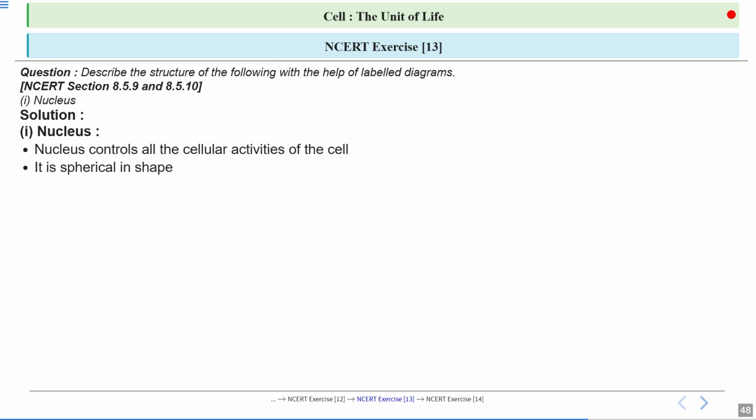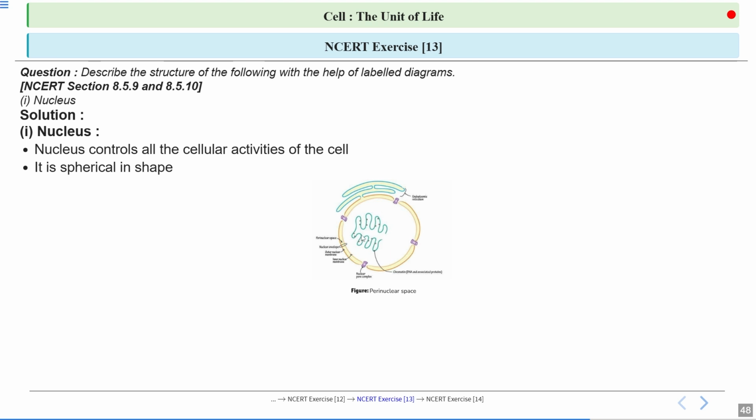The nucleus is spherical in shape. Here you can see this is the nucleus. It has an outer and an inner membrane. This is the nuclear envelope. These are the nuclear pores. Here the nuclear pore complex is formed.